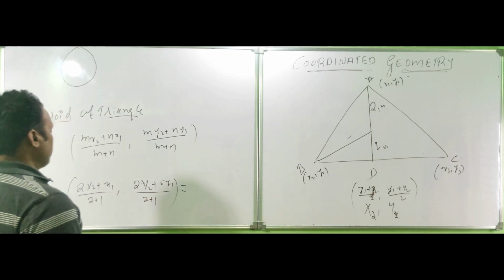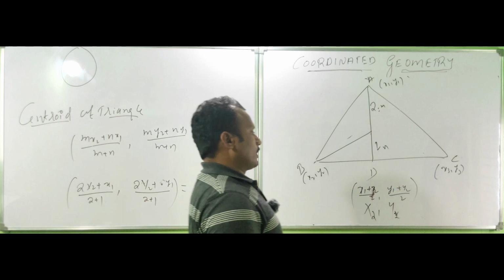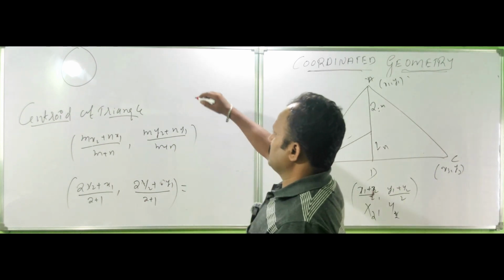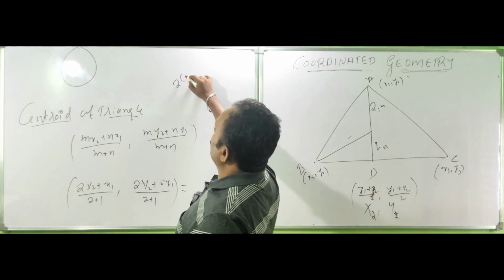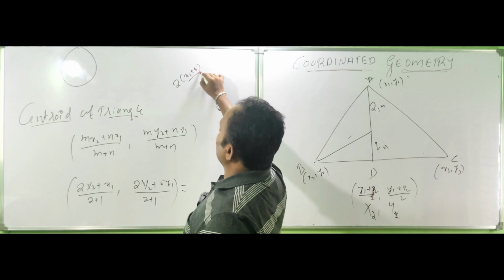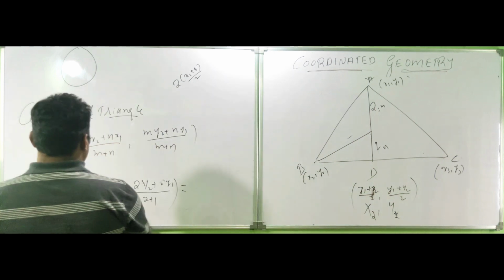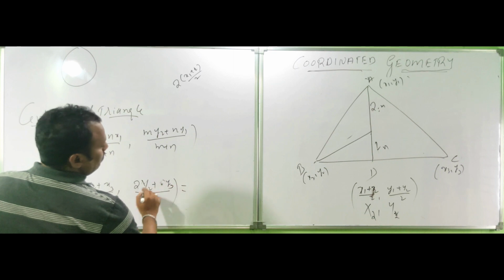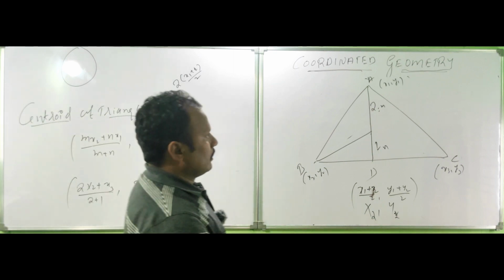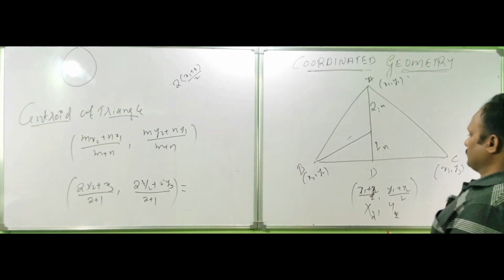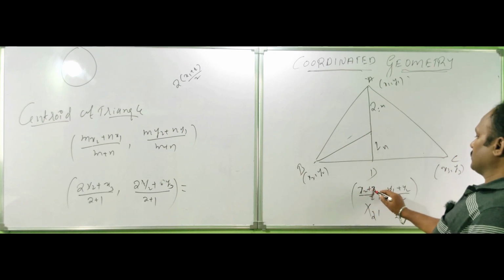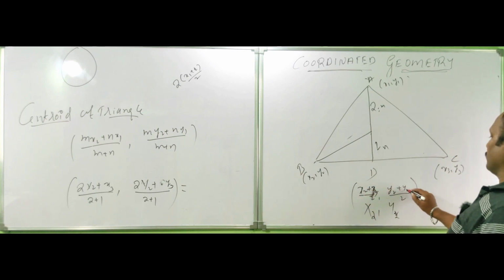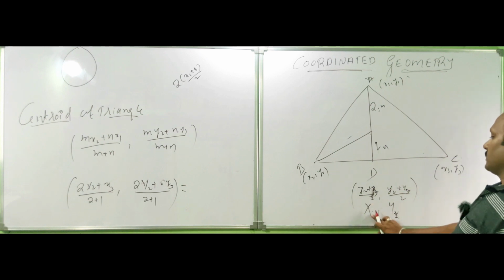This becomes, this 2 gets cancelled, 2 into (x2 plus x3) divided by 2. This is the point 3, with coordinates x3, y3.